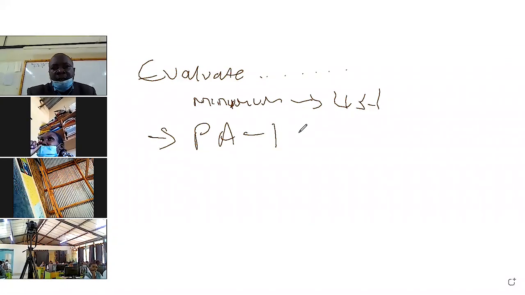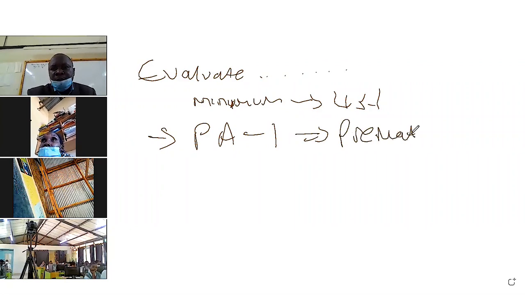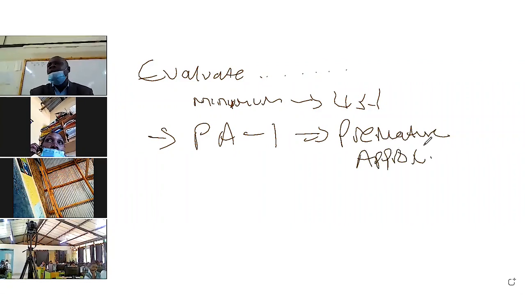PA is premature approximation, that we have used fewer figures. The examiner will follow all that through, and at the end deduct 1 mark for using fewer figures.